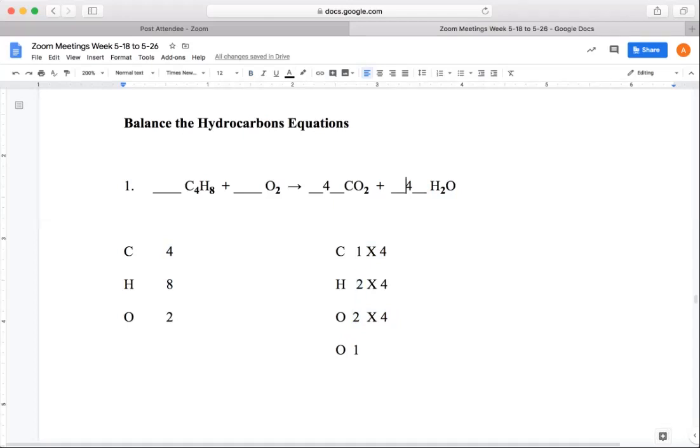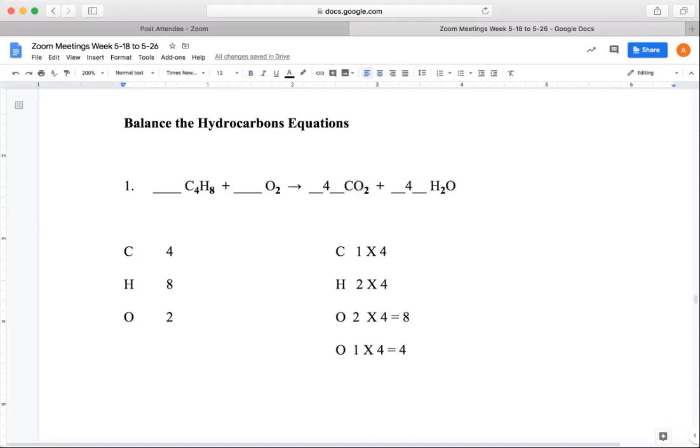So we're going to require 4 water molecules. This oxygen right here, it's also in front of the 4. So we're going to do a times 4 here as well, right? So now we have 8 hydrogens, 4 carbons, 4 carbons. Here we have 8 oxygens from the carbon dioxide, and we have 4 oxygens from the water. So we in total have 12 oxygens.